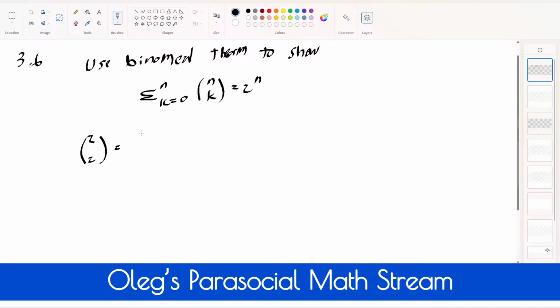That should be 2 factorial over 2 factorial times 2 minus 2 factorial. 0 factorial is 1. 2 choose 2 is just 1. And if we did that, 2 to the power 1.